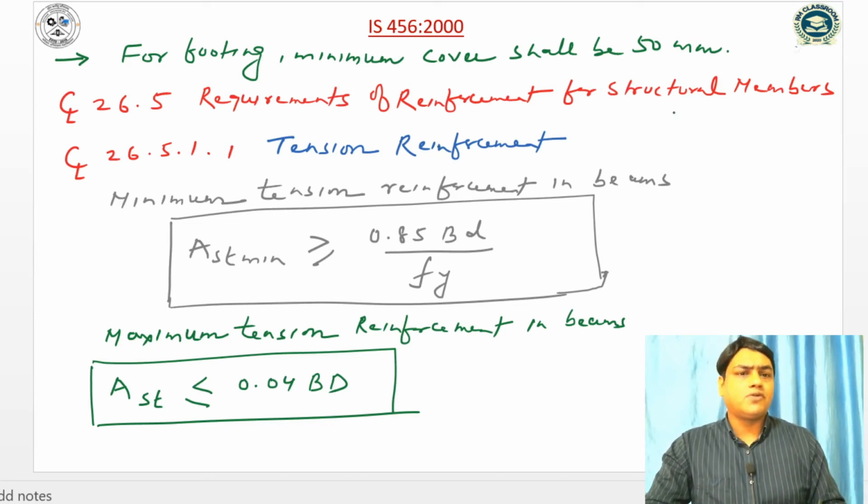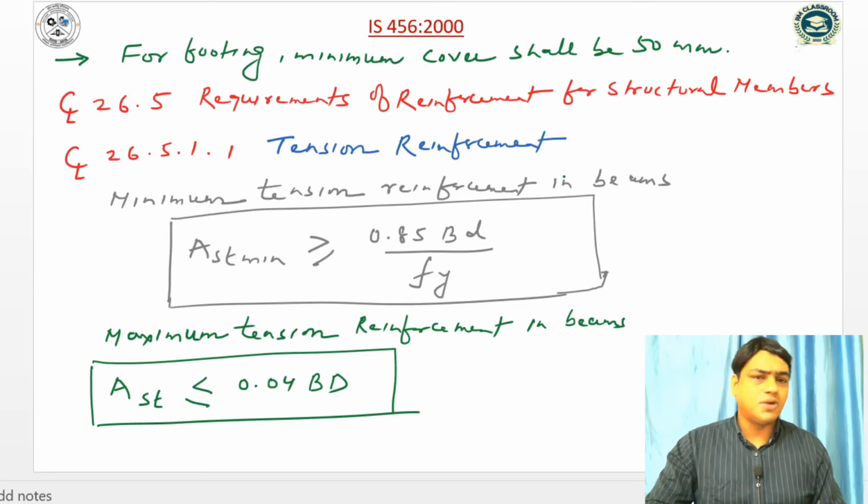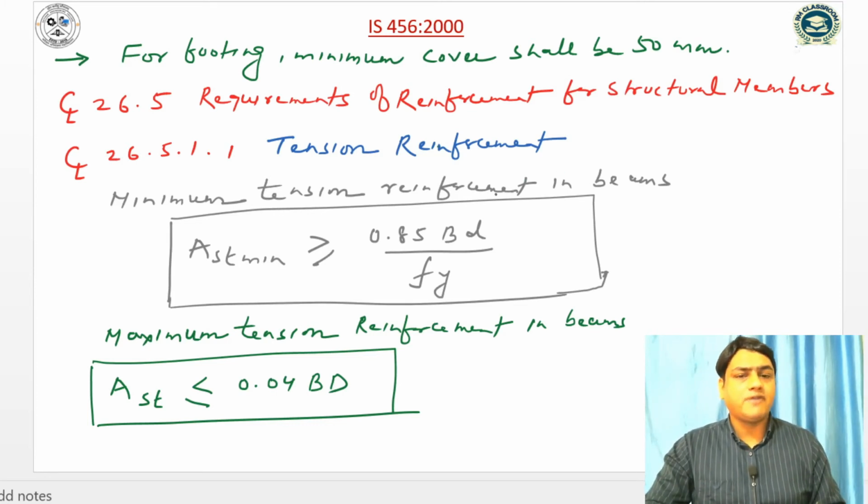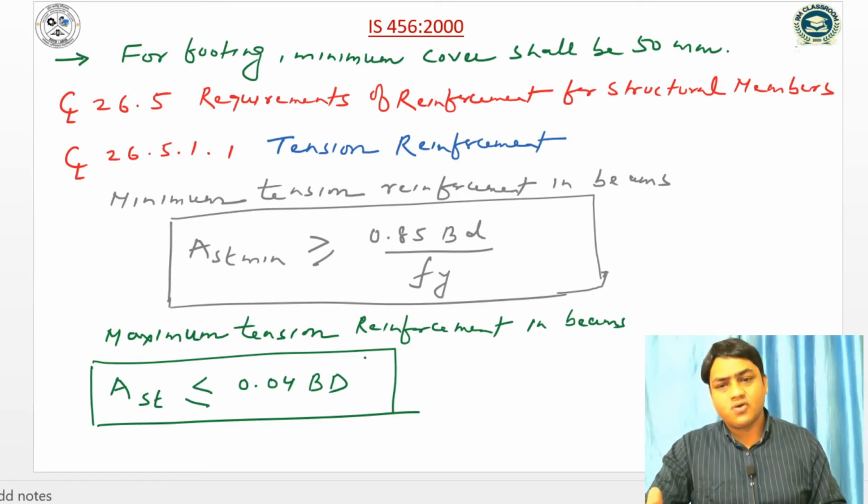The code also says about the requirement of reinforcement for the structural member. First, the tension reinforcement. The minimum tension reinforcement provided in the beam is 0.85 BD by Fy, where B is the width of the beam, D is the effective depth, and Fy is the grade of steel. And the maximum tension and compression reinforcement should be less than or equal to 4% of the entire area of the beam, that is capital B into capital D, where capital D is the overall depth of the beam.